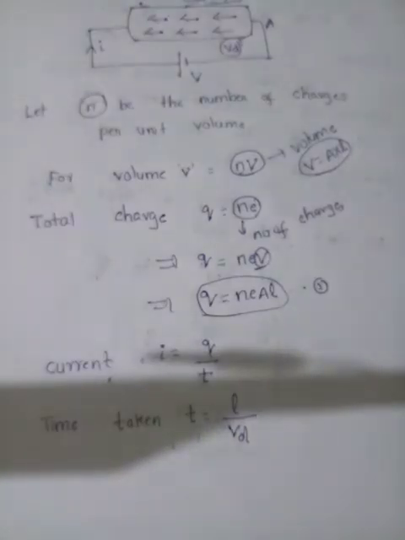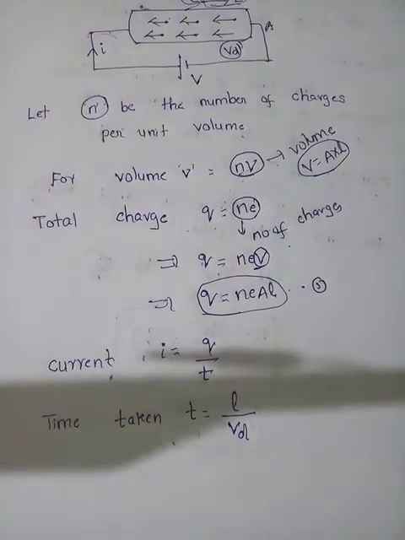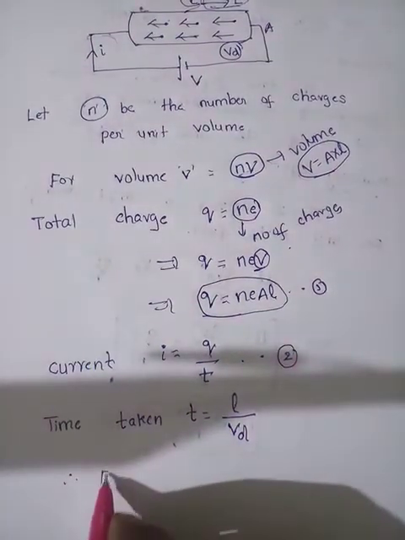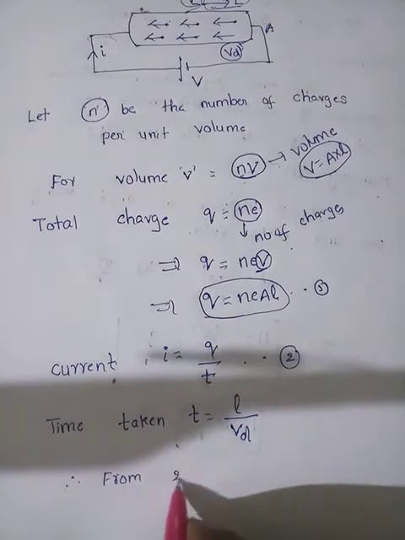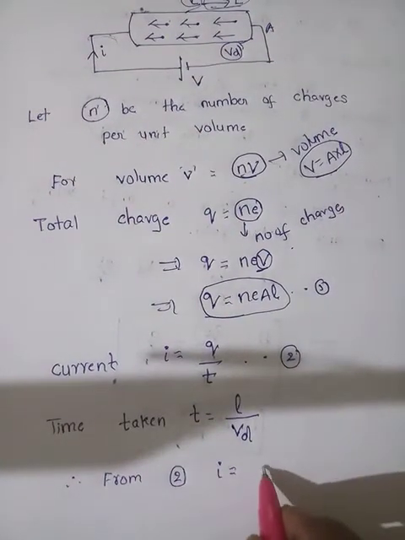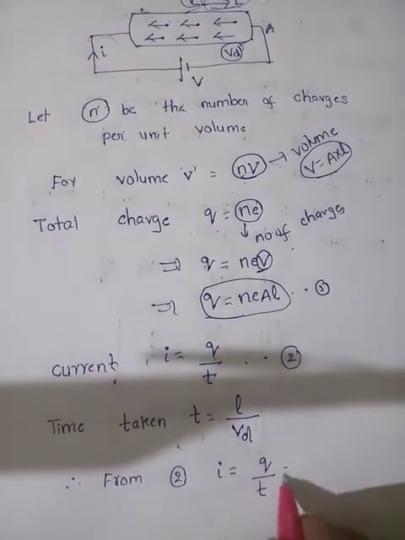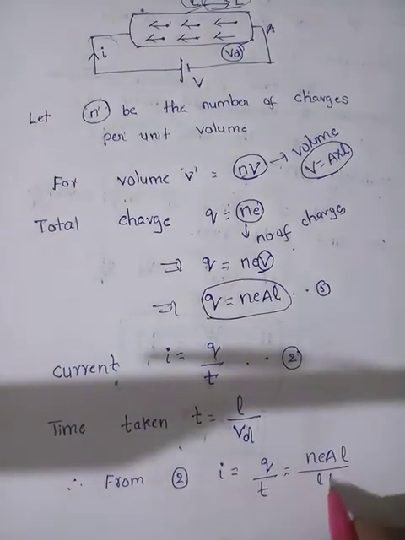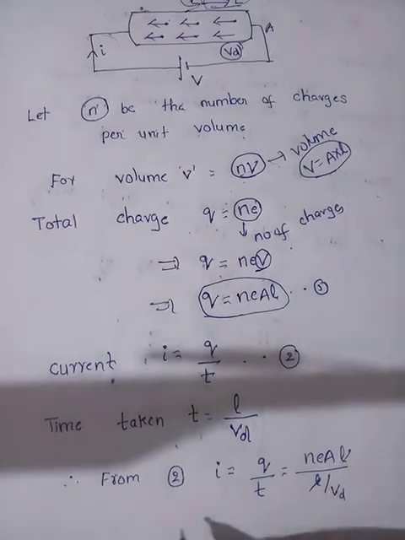Now we got Q as well as t, substituting in equation number 2. Therefore, from 2, I is equals to Q by t. What is Q we got? nеAl by L by Vd. L, L cancel.